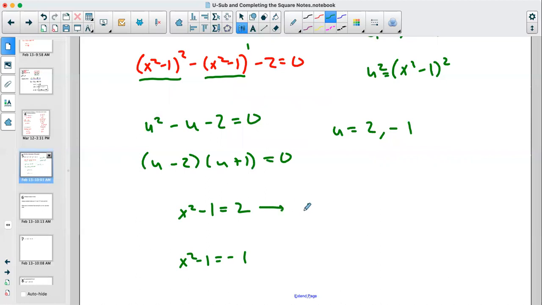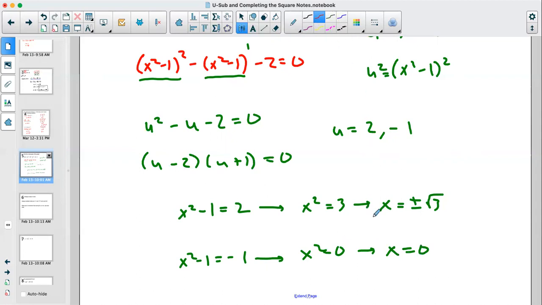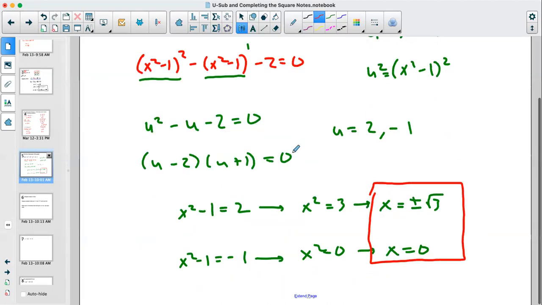This gives me x squared equals 3, which means x is positive or negative √3. This one gives me, if I add 1 to both sides, x squared is 0, which means x is 0. So these are my three answers to the question, what are the x-intercepts of that graph?